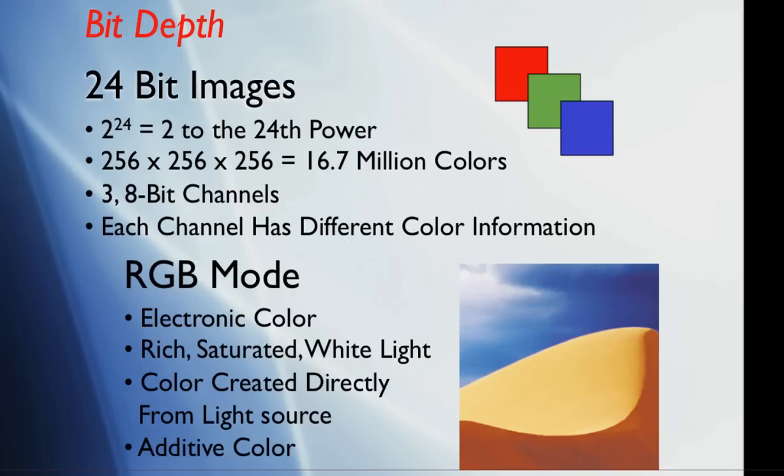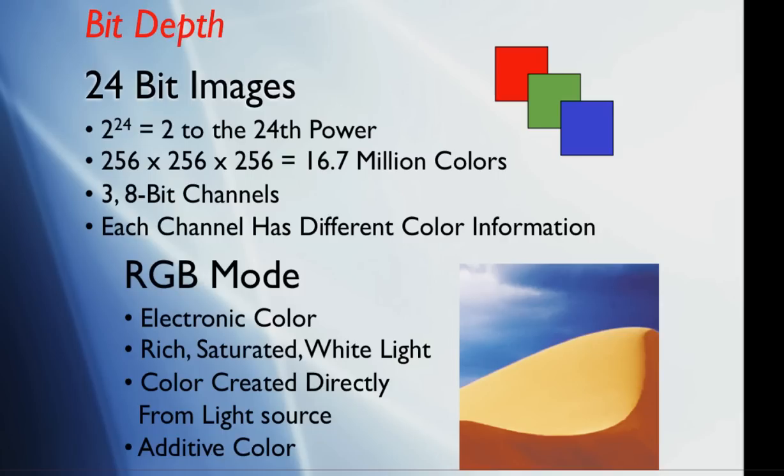It's very different than color as it exists in our environment, in our real world. Electronic color is color as it exists in our computer screens, how our cameras capture color images, and most scanners capture.